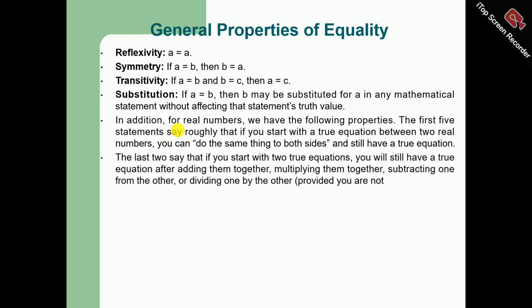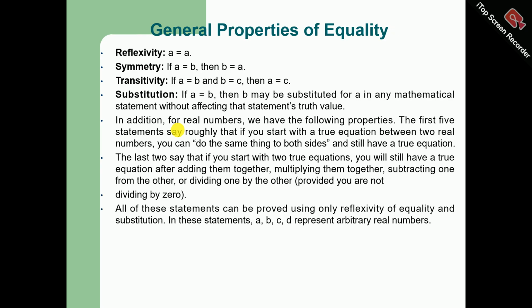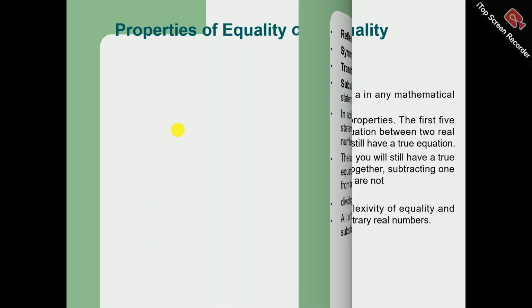The last two statements say that if you start with two true equations, you will still have a true equation after adding them together, multiplying them together, subtracting one from another, or dividing one by the other, provided you are not dividing by 0. All of these statements can be proved using only reflexivity of equality and substitution. In these statements, A, B, C, D represent arbitrary real numbers.